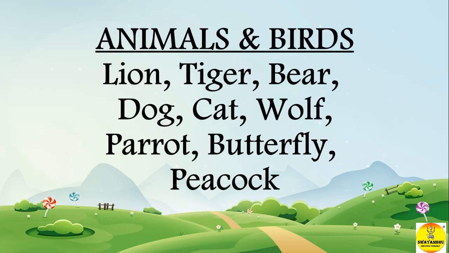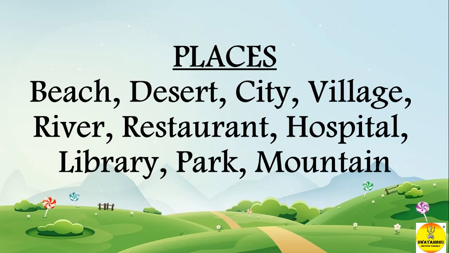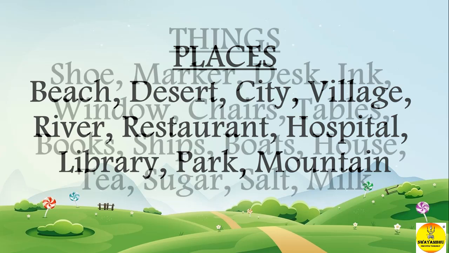Animals and birds like lion, tiger, bear, dog, cat, wolf, parrot, butterfly, peacock. Places: beach, desert, city, village, river, restaurant, hospital, library, park, mountain.